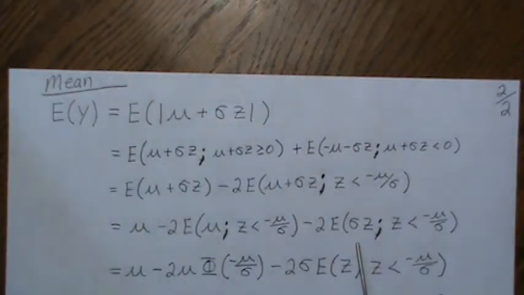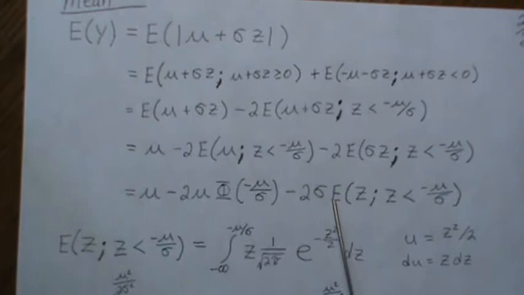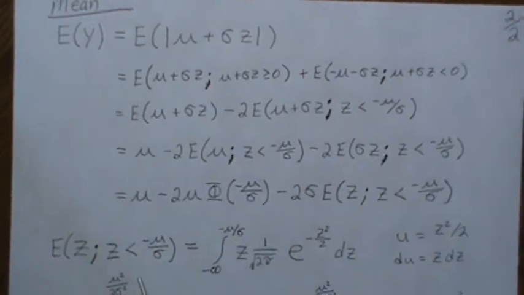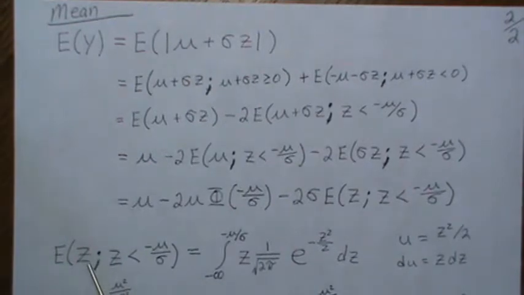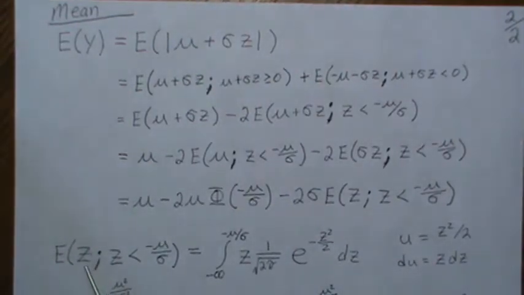Now this quantity, the sigma is constant so we can bring it out, but then it's the expected value of this. And so somehow we're going to have to figure out what this is. So let's do it. Let's look at this expected value by itself. That says integrate z times this probability over the range of this.